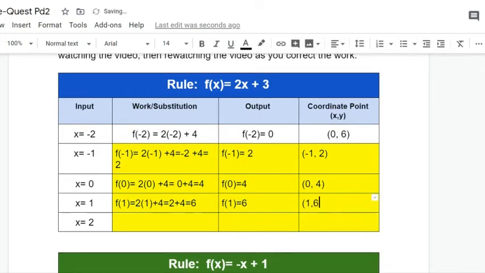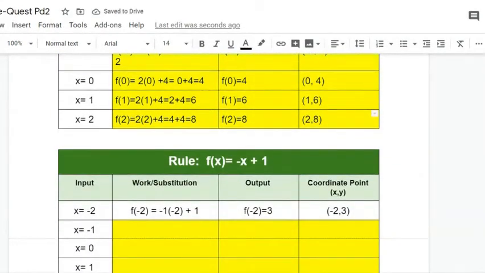And we're going to go over more this week, selecting the graphs that match our functions. Last but not least for this table, we have f of 2 equals 2 times 2 plus 4. Well, 2 times 2 equals 4, plus the 4 equals 8. So f of 2 equals 8. So that means 2, 8 is my point.